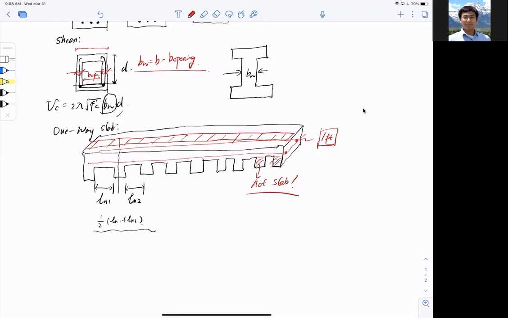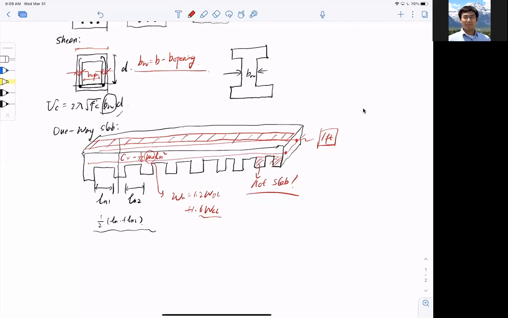How do you design this? For example, if I have a coefficient at C, say negative 1/16 ωu Ln squared, ωu would be the applied loading we talked about. In this case, ωu should equal 1.2 dead plus 1.6 live.